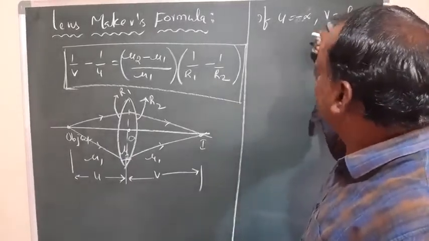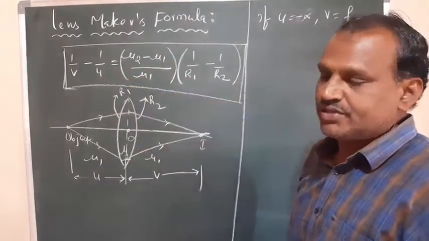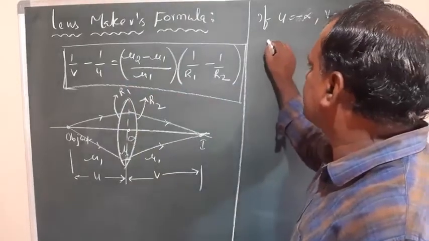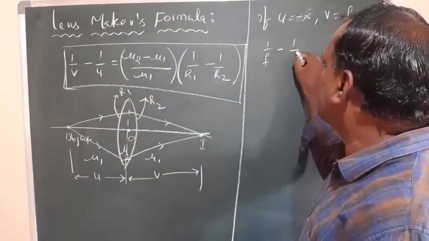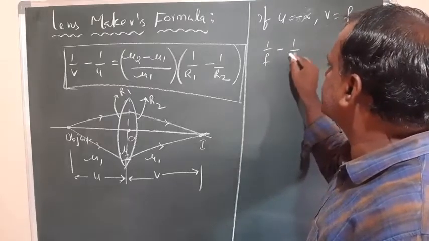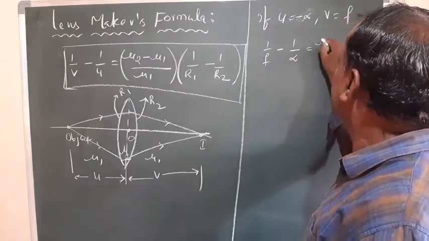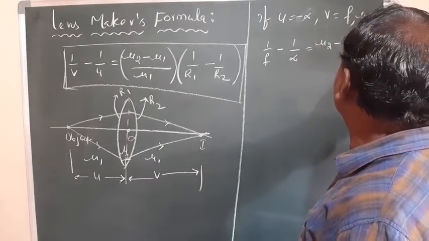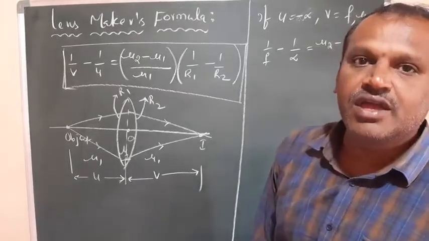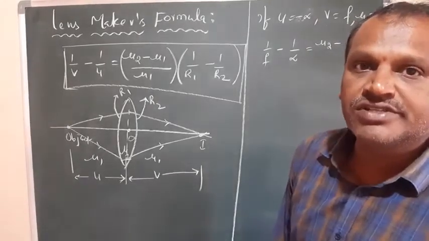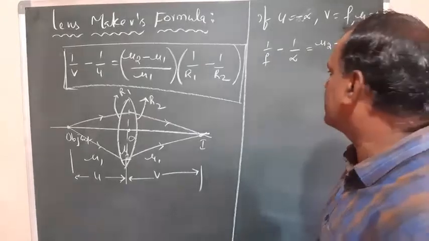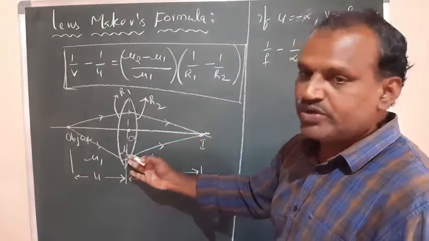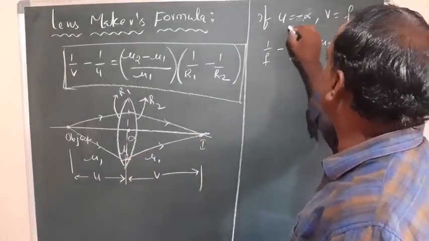If these conditions are put in, the equation becomes 1 by v, and v is nothing but f. So I can put 1 by f minus 1 upon infinity, whether plus or minus, equal to mu2 minus mu1. We have taken the medium outside the lens as free space or air, for which the refractive index is unity, so I am taking mu1 as 1. So here it is mu2 minus 1, and I am taking mu2 as mu itself.